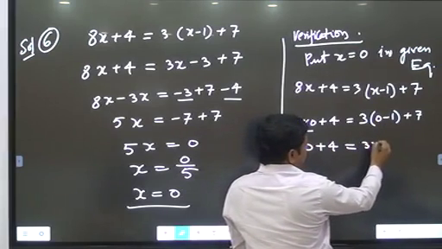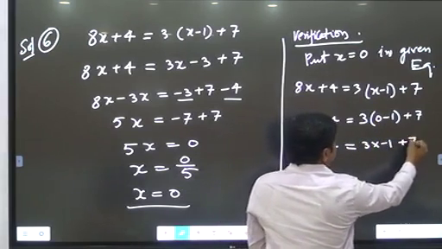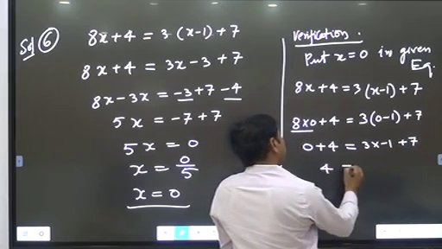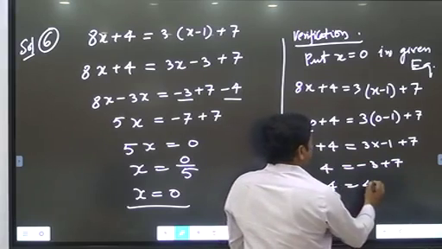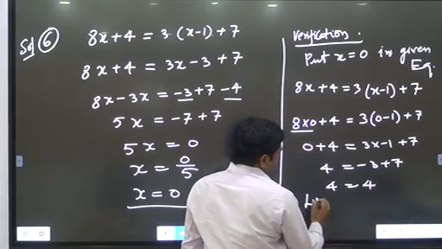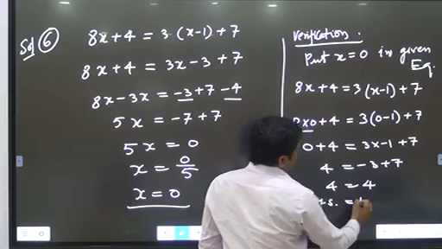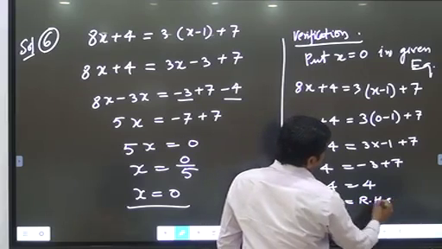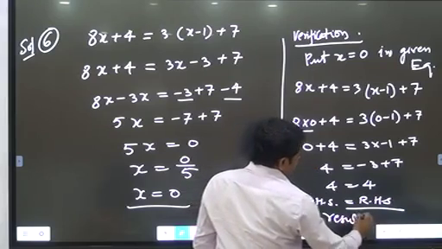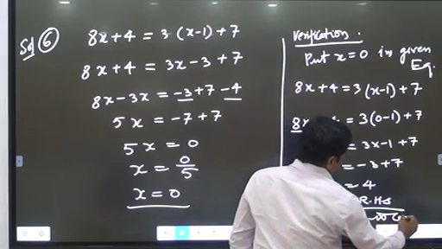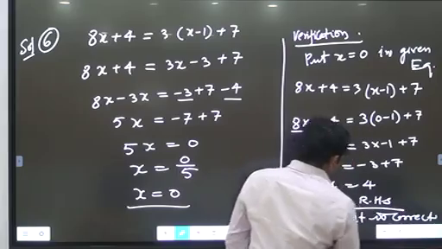So 3 into minus 1 plus 7. And 4 is equal to minus 3 plus 7. And 4 is equal to 4. Means LHS again equal to RHS. So you write result is correct.